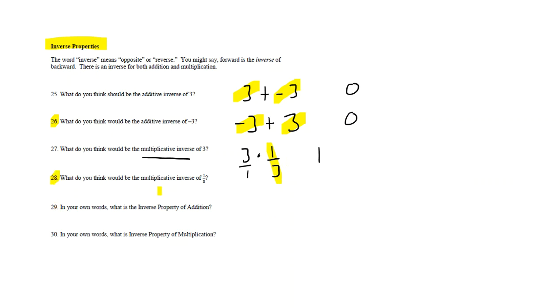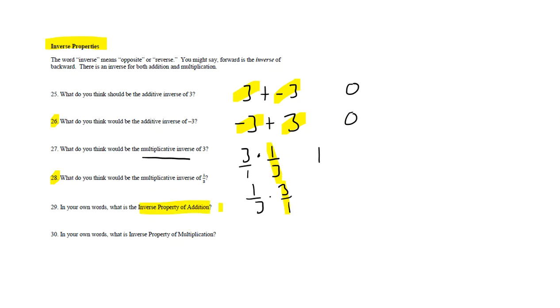On 28, it says, what do you think would be the multiplicative inverse of 1/3? So basically, what are we going to multiply 1/3 by to get to 1? And that would be a 3. So in your own words, what is the inverse property of addition?